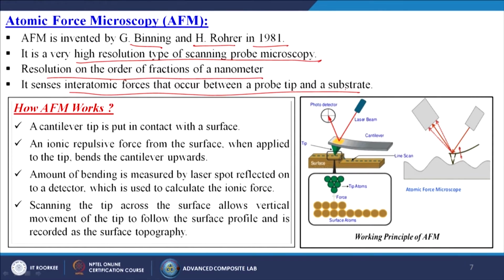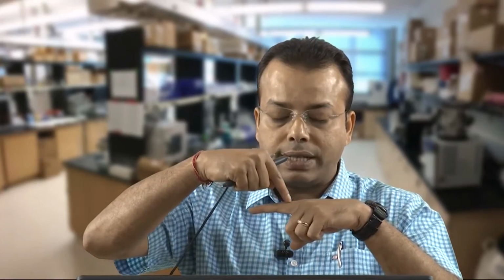How does AFM work? A cantilever tip is put in contact with the surface itself. Here the cantilever tip is touching the surface. A repulsive force from the surface, when applied to the tip, bends the cantilever upwards. Yes, of course, when it is touching, due to its ridge pattern it goes up and down.